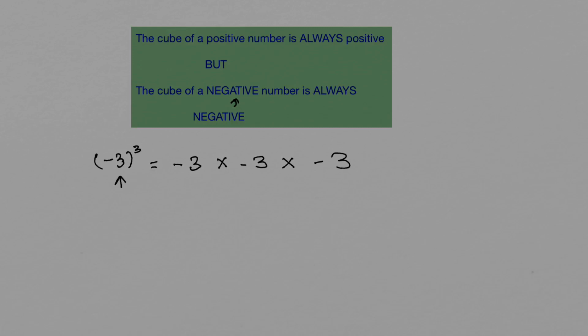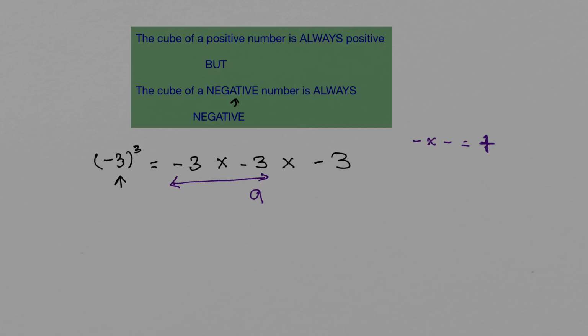So the product of the first two, minus 3 times minus 3, gives us 9. How? Because minus times minus gives us a positive number, which we have, 9 in this case.